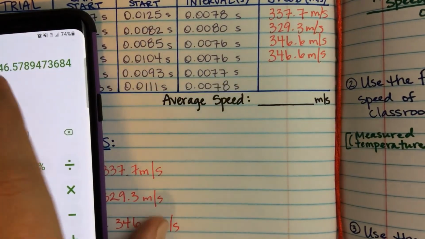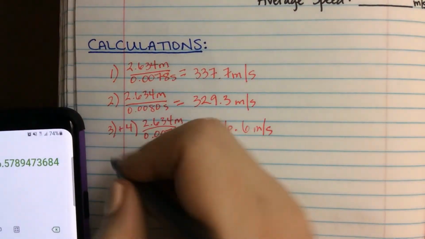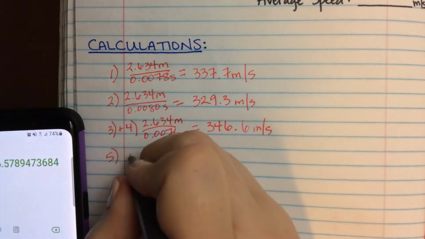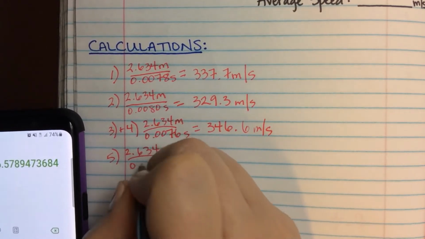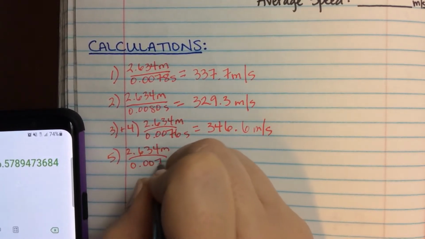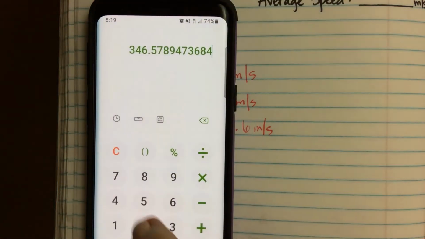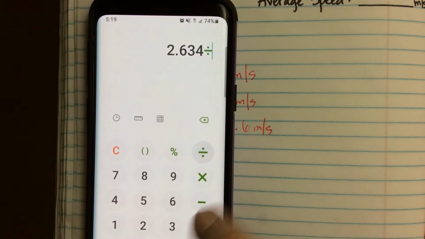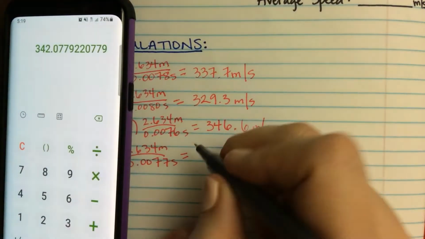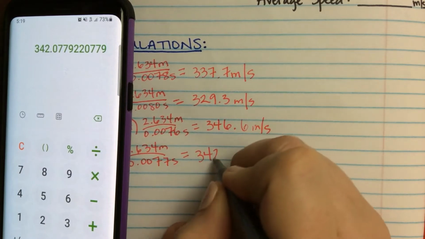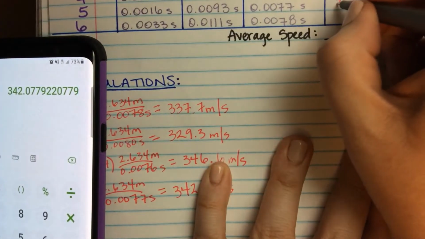Trial 5 is 0.0077 seconds. That gives me 342.1 meters per second.